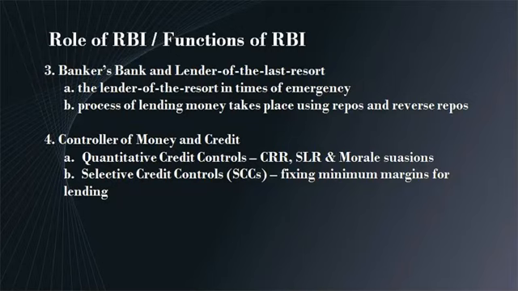Everything is being controlled and monitored by RBI. RBI takes care that this money is circulated properly. There should not be too much cash or too much money in the economy, so the supply of money should not increase. The supply of money should not decrease as well.